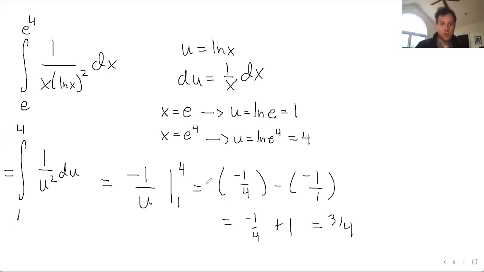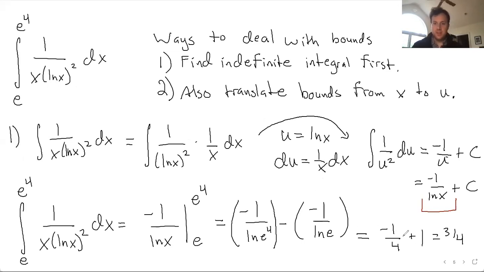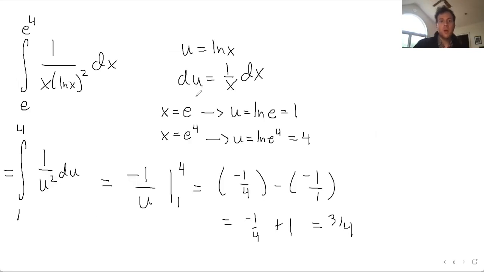And actually, if you look at especially this last part, -1/4 minus -1, that was exactly what we got here. Just this had the unsimplified version, natural log of e and natural log of e to the 4th. Where here, we already did that substitution.